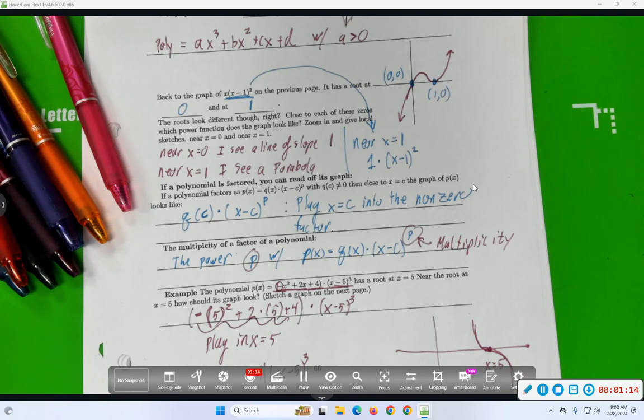So if p of x, a polynomial, factors as a polynomial q times some linear polynomial raised to a power.